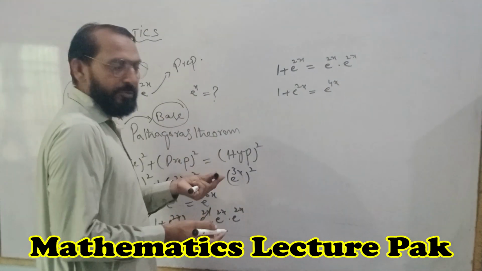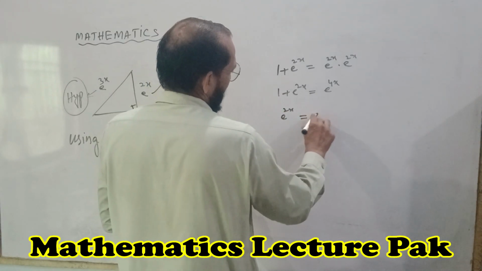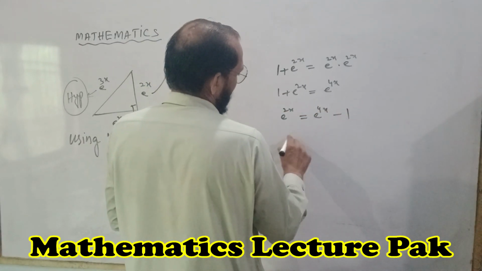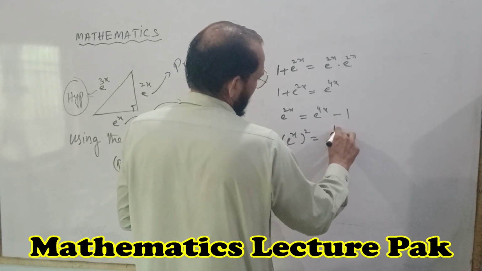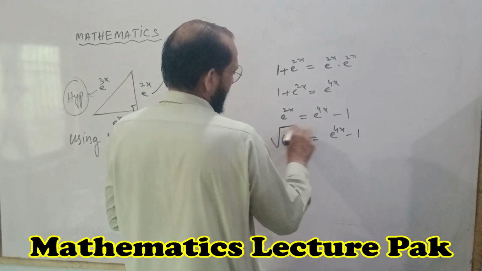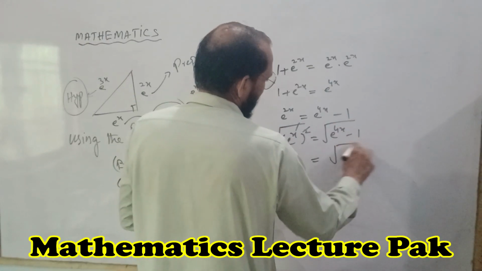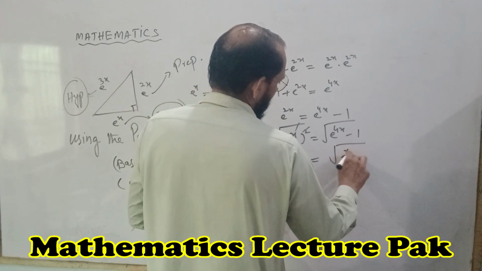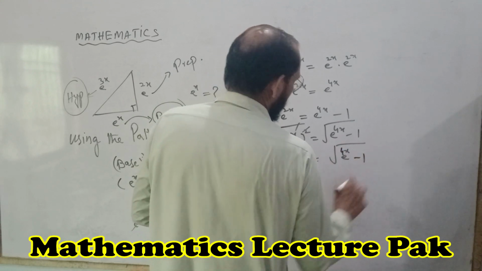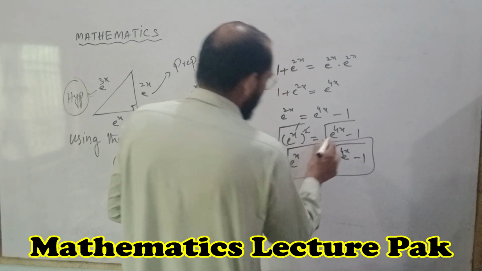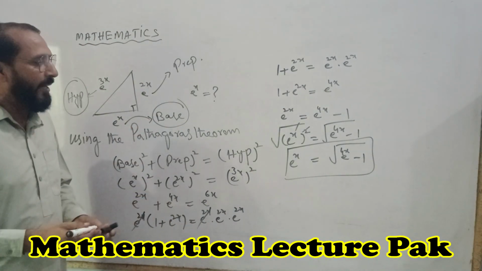Taking the square root of both sides, e^x equals the square root of (4x minus 1). These are the relations in this function, which is the right triangle.